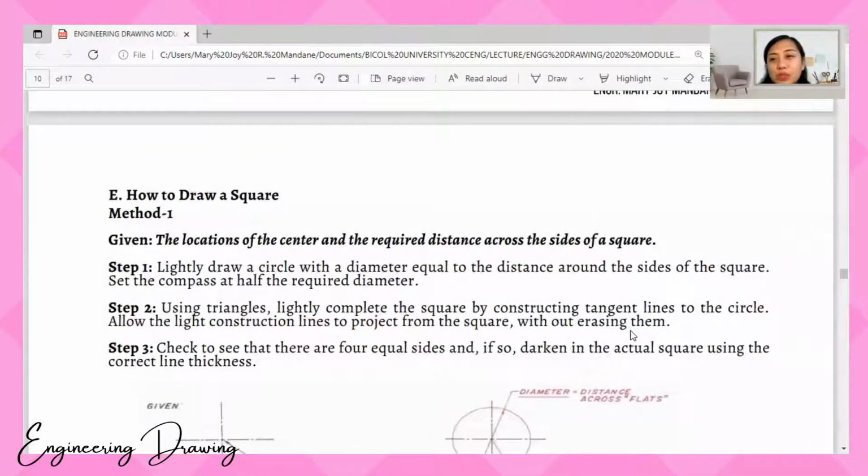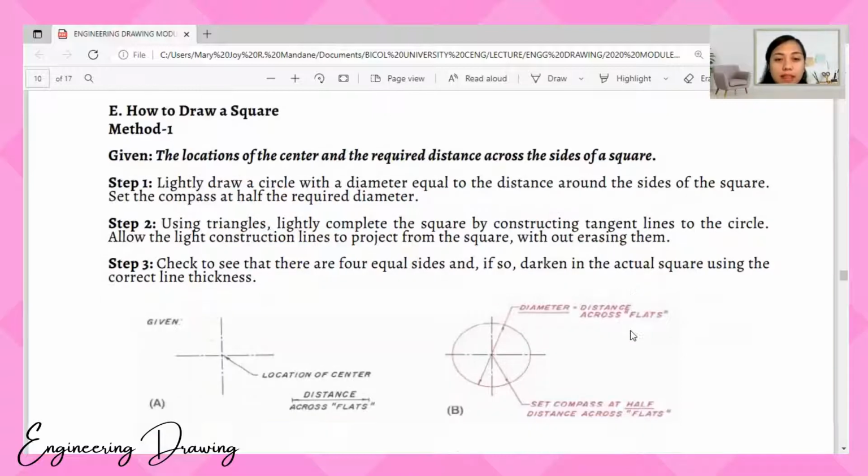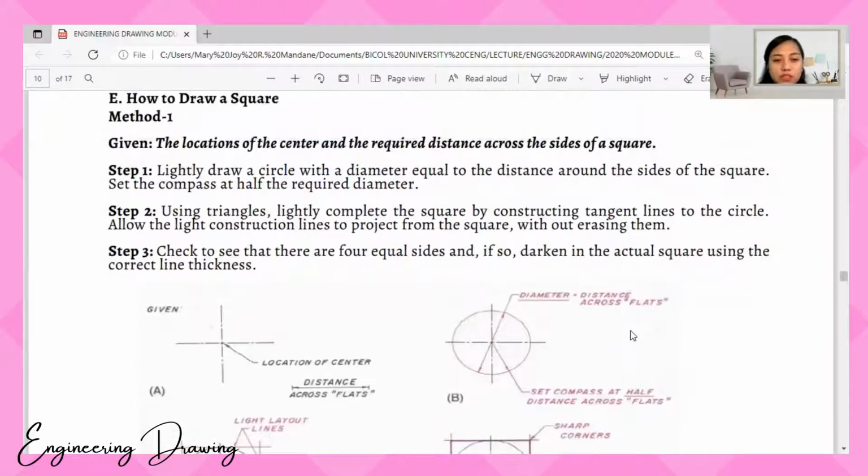So how to draw the square? We have different methods, and now let's begin with method number 1. Given the location of the center and the required distance across the sides of the square. Step 1, slightly draw the circle with the diameter equal to the distance across the sides of the square. Set the compass at half of the required diameter.